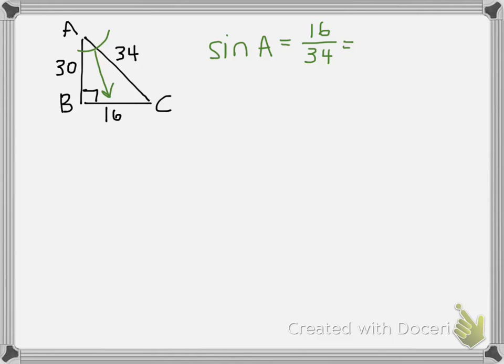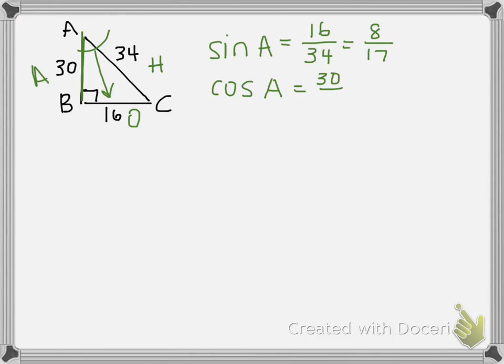We also want to make sure that we can reduce that, as far as it'll go, so we divide by 2 and get 8 over 17. And then we have cosine of A, and because this is our opposite, we want our adjacent side and our hypotenuse.